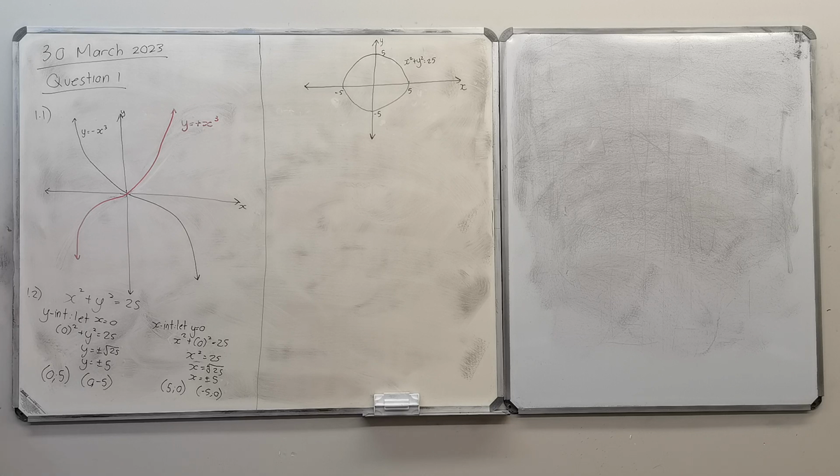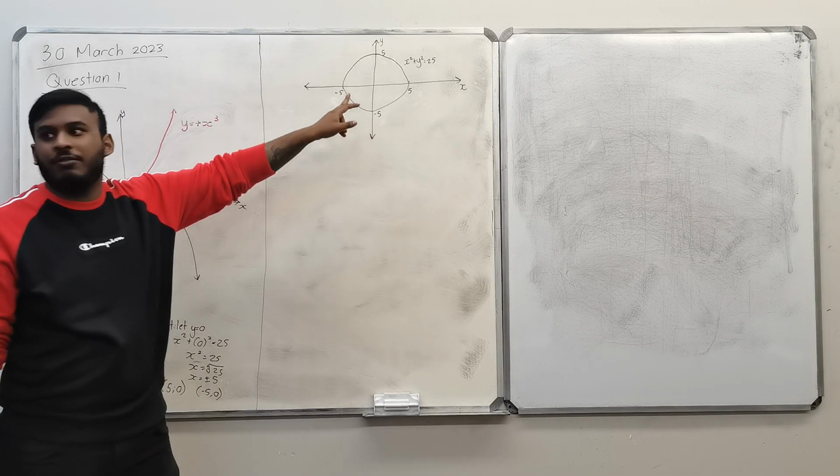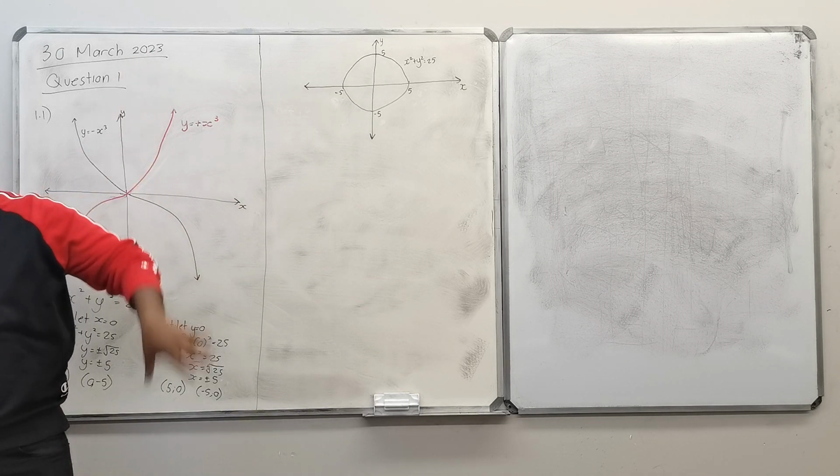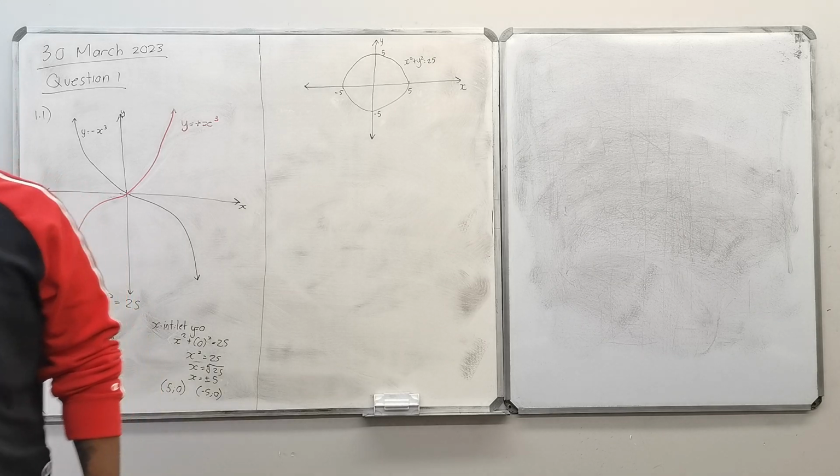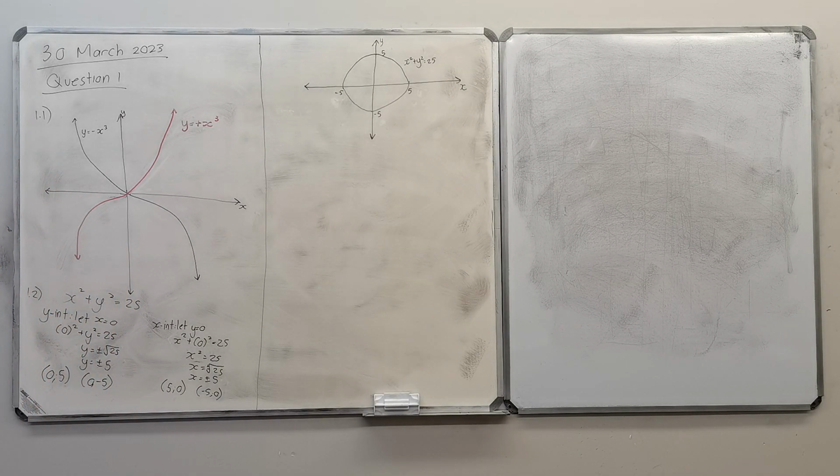Do you need to do it for marks? They don't give you marks for this. They give you marks when you're showing the 5 and the minus 5. I'm just showing you so you'll know where you got the 5 from. You understand this, right? Okay.